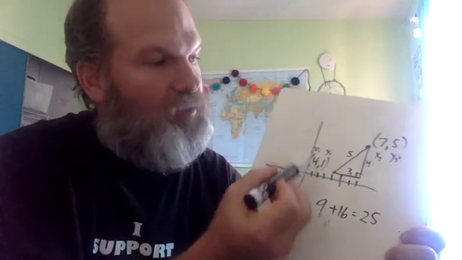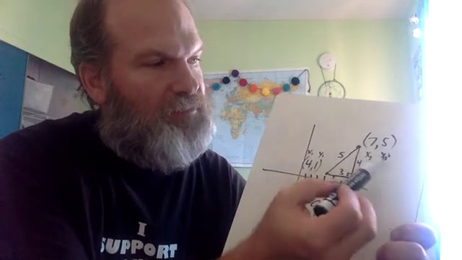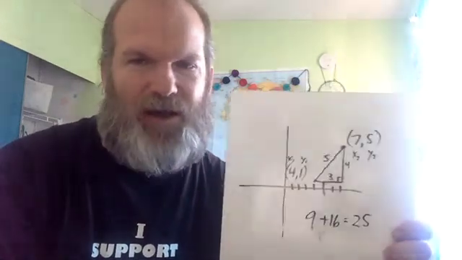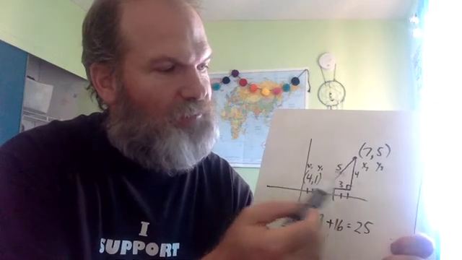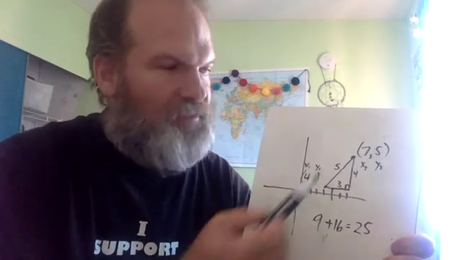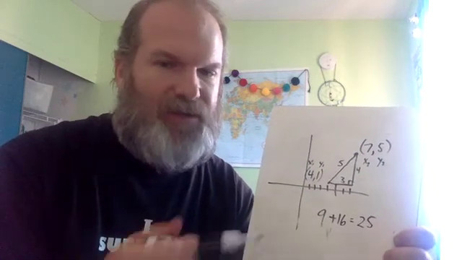So I'll call this point 1, x1 and y1 coordinate. This will be my second point, x2 and y2 coordinate. So the formula says subtract your y's and subtract your x's. So you do y2 minus y1, which is 5 minus 1, which is 4. And then you do x2 minus x1, which is 7 minus 4, which is 3. So that's all the formula is showing you how to get 4 and how to get 3.